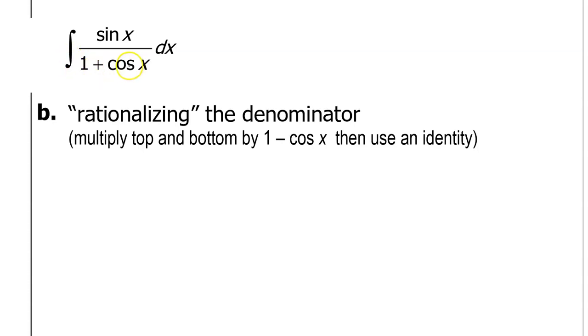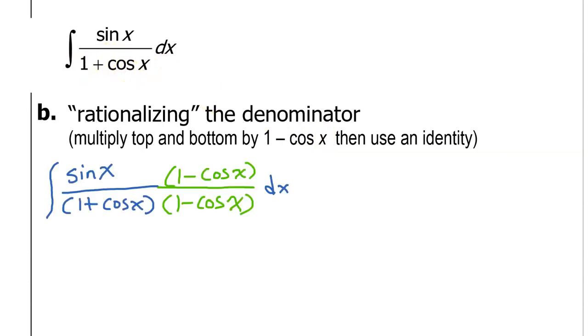Let's integrate the same problem again, but this time we'll do it by multiplying the top and bottom by the conjugate of the denominator. So it looks like this, but you can recognize this as the difference of two squares. So when we multiply these together, the denominator should become a squared minus b squared.